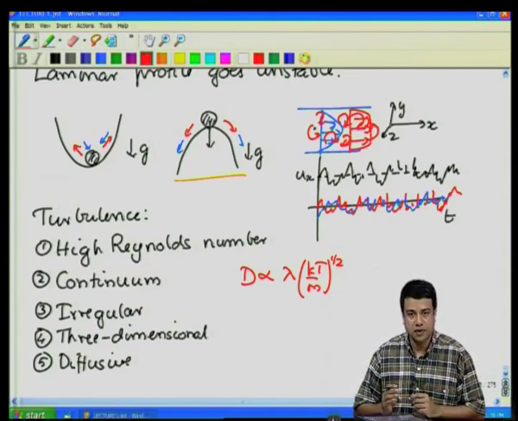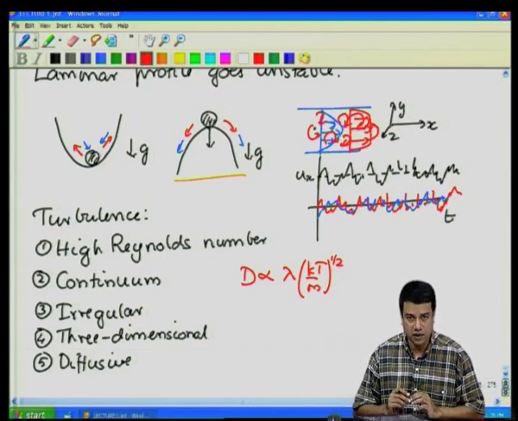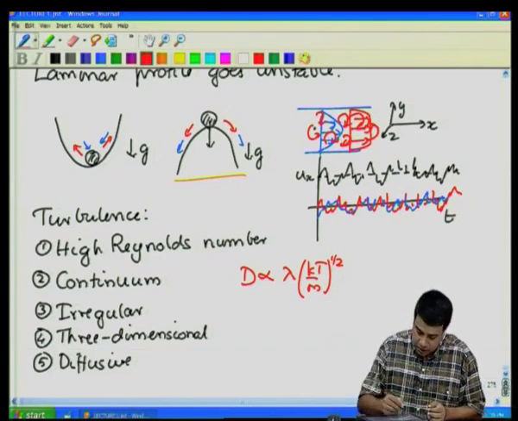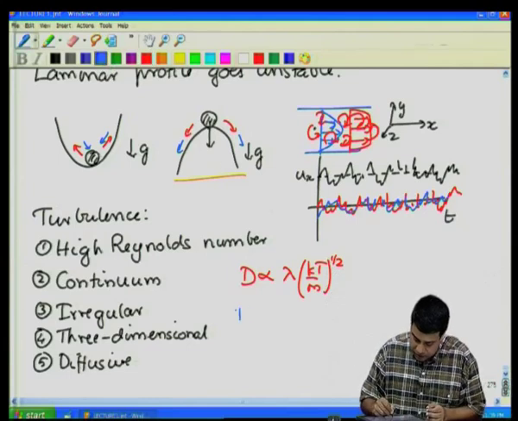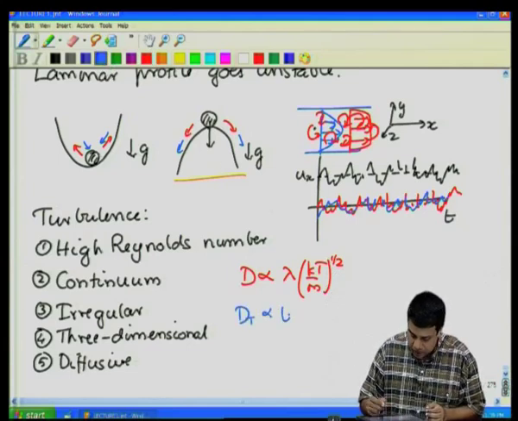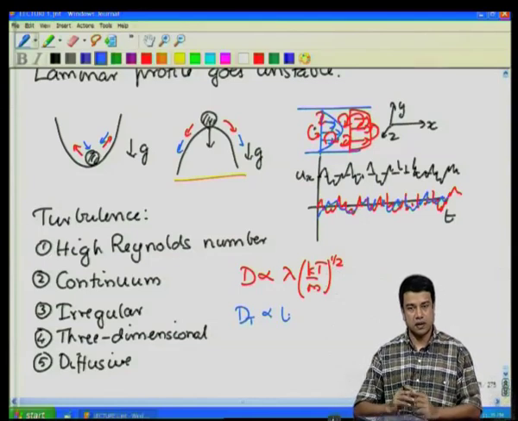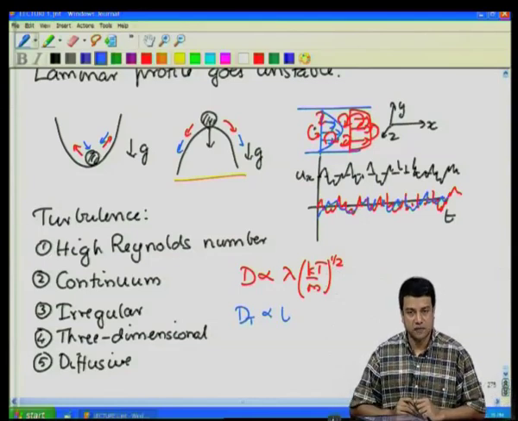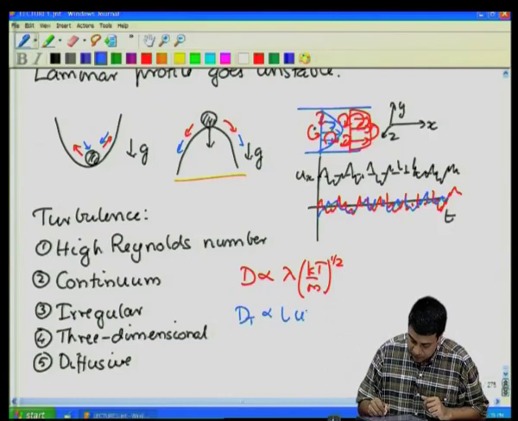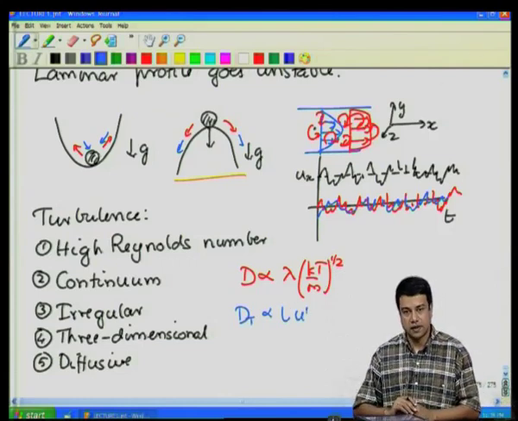In a liquid, of course, instead of the mean free path, you will have a molecular length scale, a molecular diameter. However, in the case of turbulent diffusion, in addition to this, you also have diffusion due to turbulent eddies. And that turbulent diffusion is proportional to the length scale of an eddy, the spatial extent of an eddy, times the velocity fluctuation of the eddy itself.